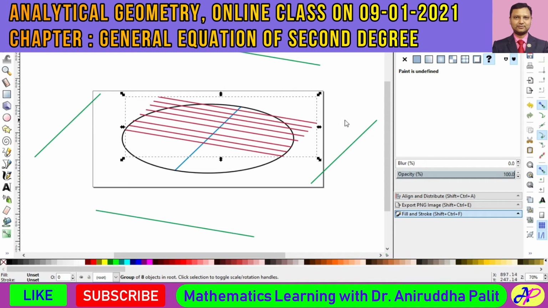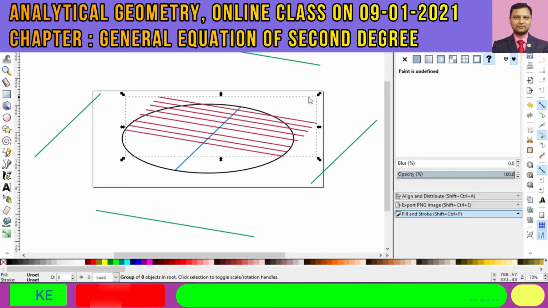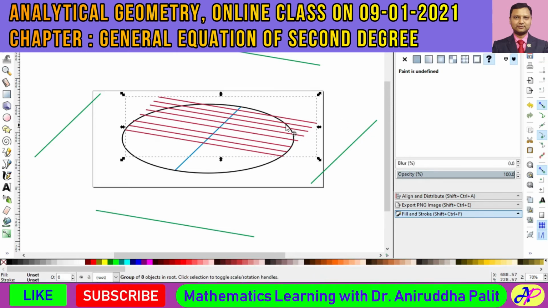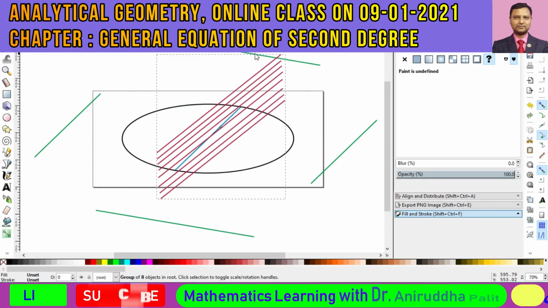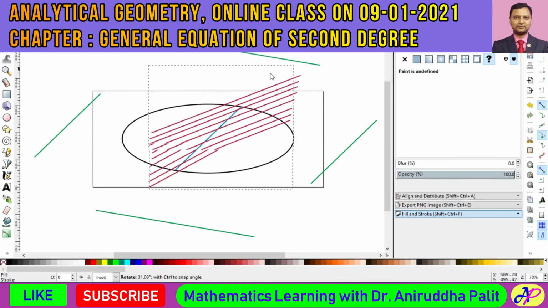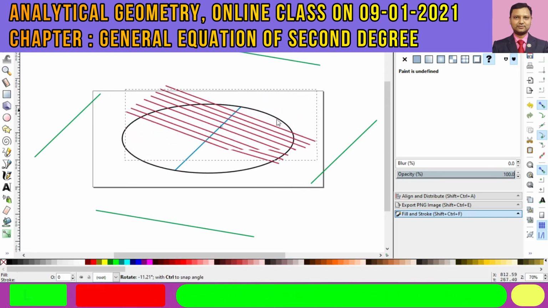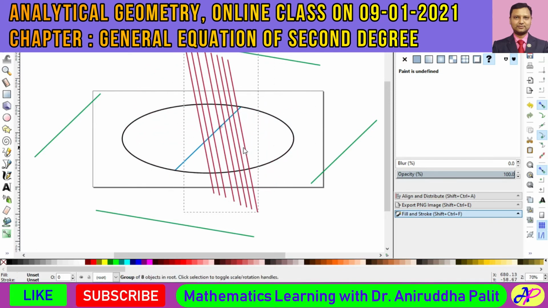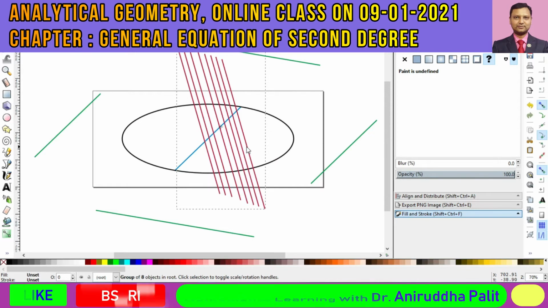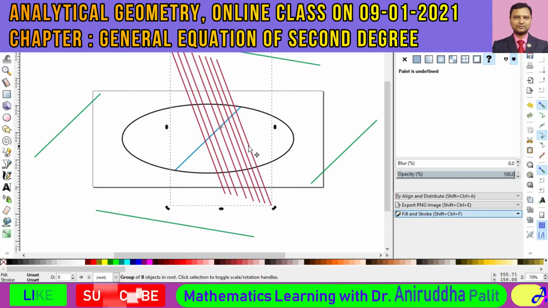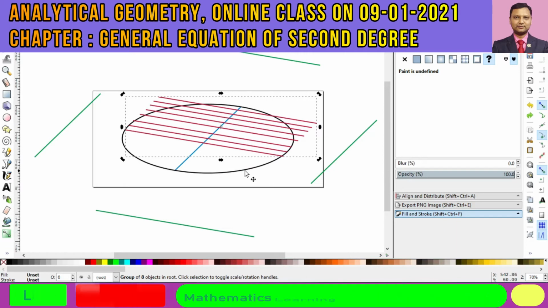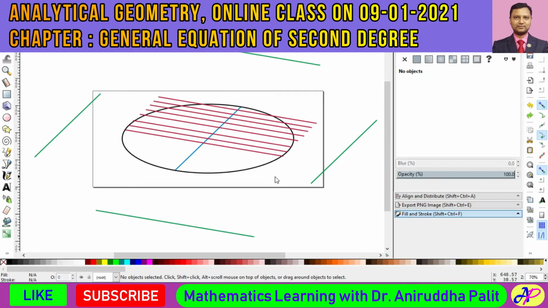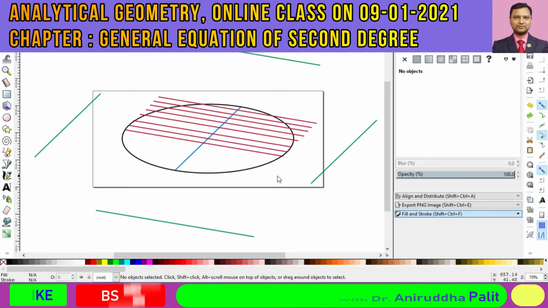Because if we rotate this system of chords a bit, then the position of the diameter will also change. I shall prove all these results mathematically, one by one.